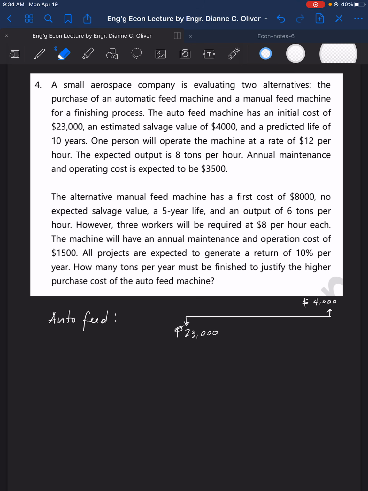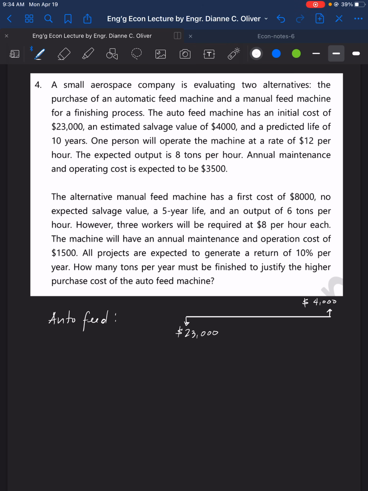Oh, it should be in dollars, sorry. So what will happen here is that we will compute them both into annual worth. So we have the formula for annual worth if the given is the present cost.